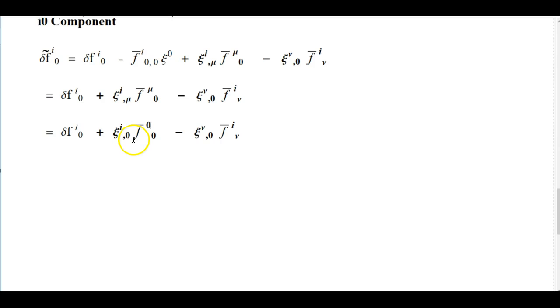So this becomes this. And here again, if we contract on nu, the 0 component will vanish and only the j component will survive. So I can remove the 0 part and replace this with j.